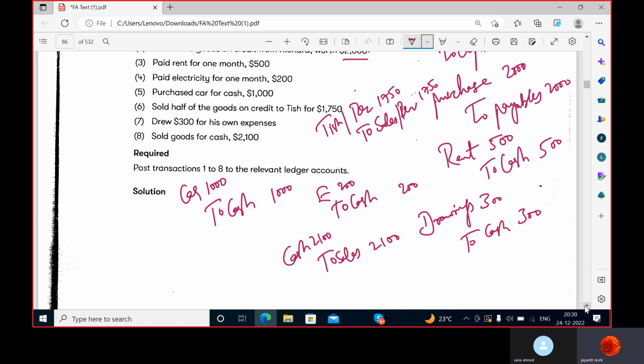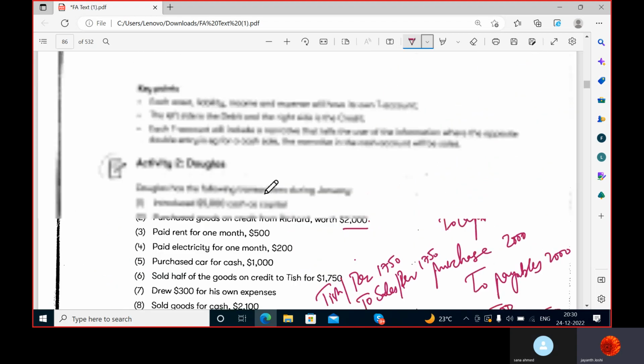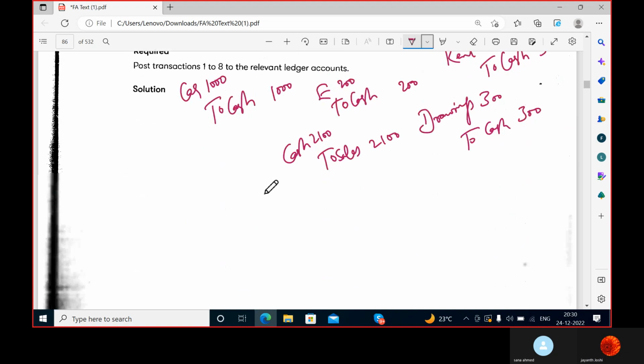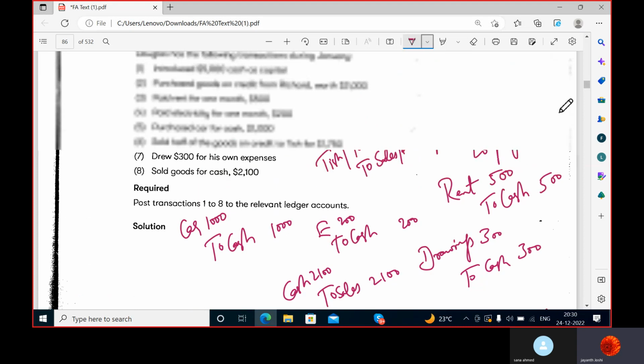Now we'll make T-shaped accounts for everyone. We'll make the cash account, particulars, amount, debit, credit. Capital account, sales account or revenue. Apart from this, what do we have?